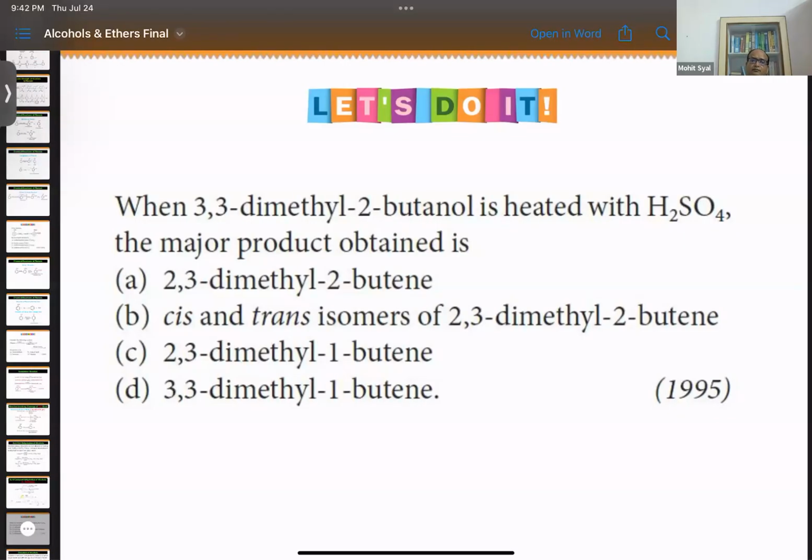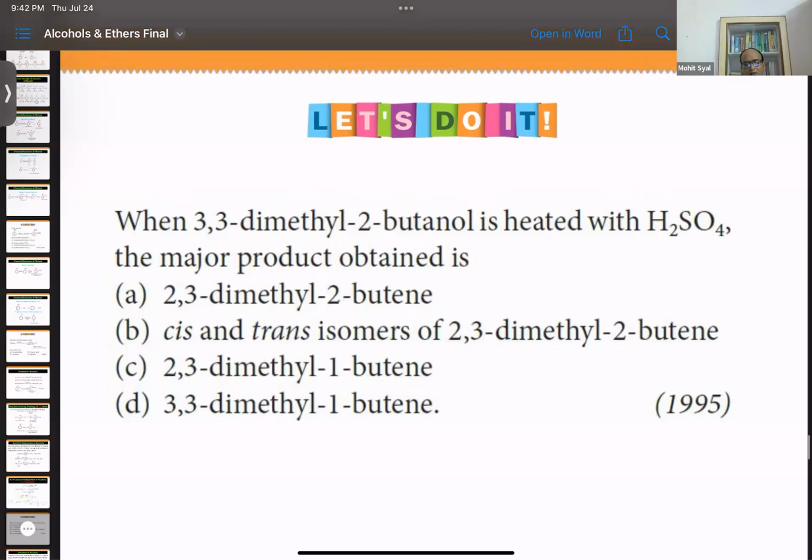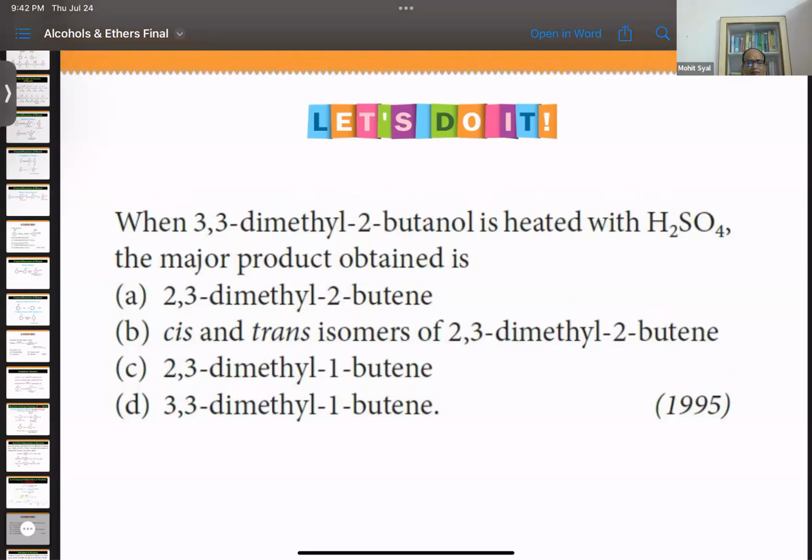Jaslin, Ibrahim, Jovita. And what is the reaction? Reaction is dehydration. Got it? So what is going to be the final answer?